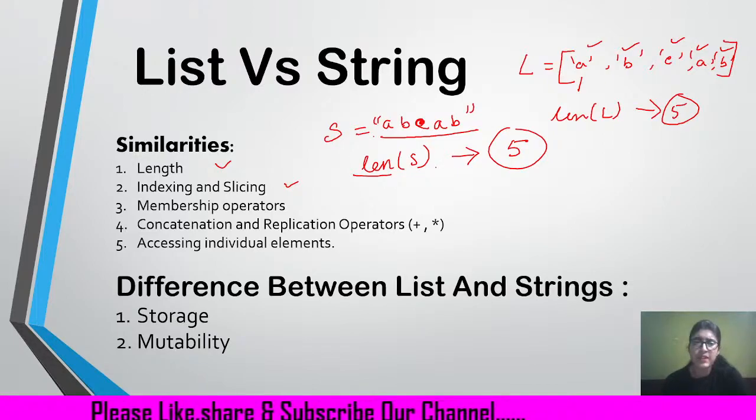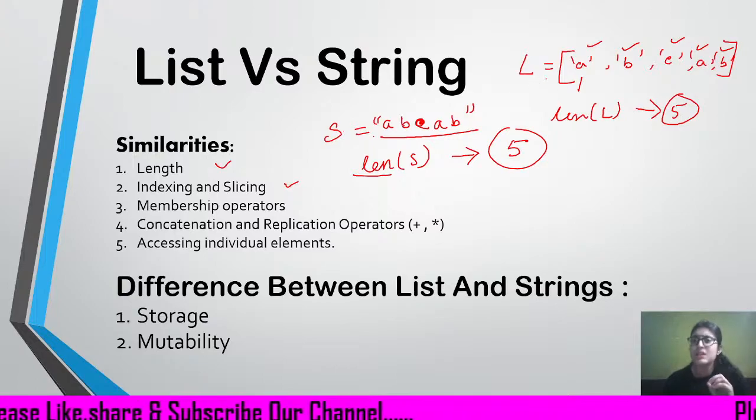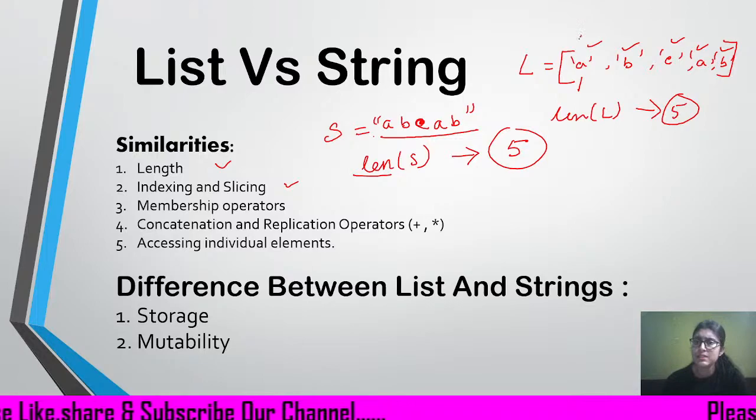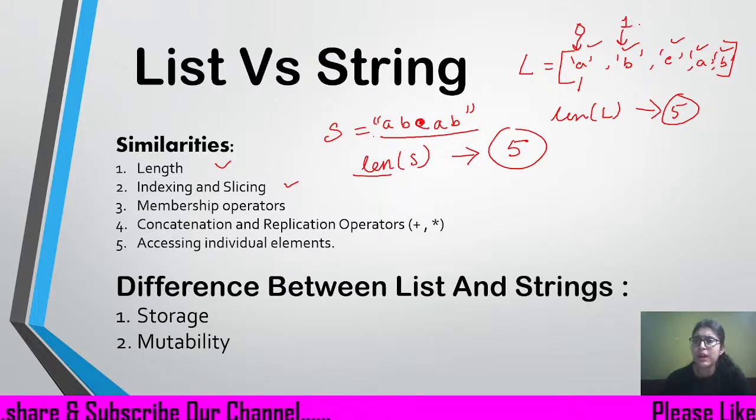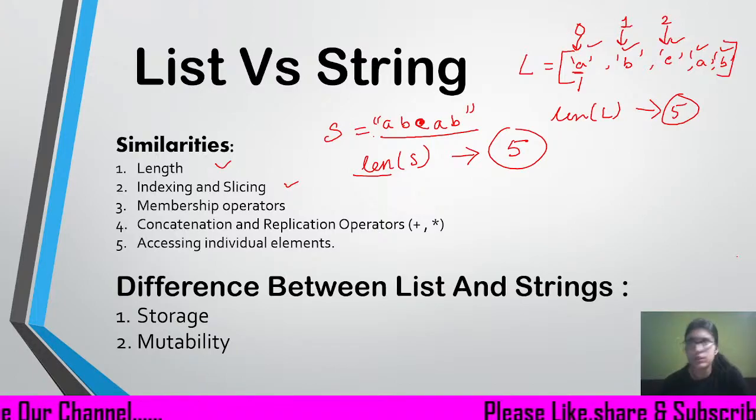Right? Now indexing and slicing are similar. Just before this slide I showed you what string slicing is. Similarly we can do list slicing and indexing. The indexing part I have shown you in the string is just like it, with the forward index.